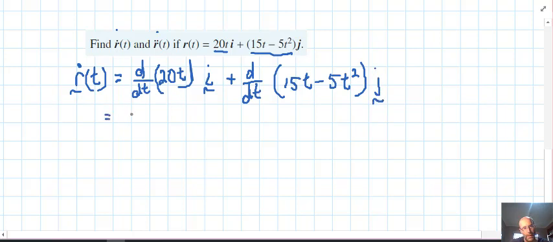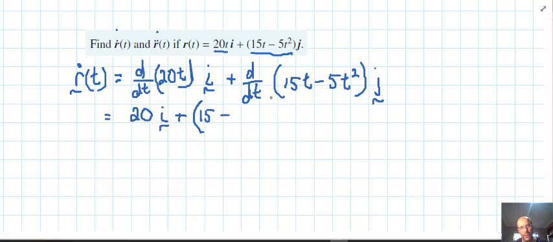The derivative of 20t with regard to t is just 20, so it's 20i, and for this next one, take the derivative of each, so we have 15, I'm going to put it in brackets to group it together, minus 2 by, I won't write that.